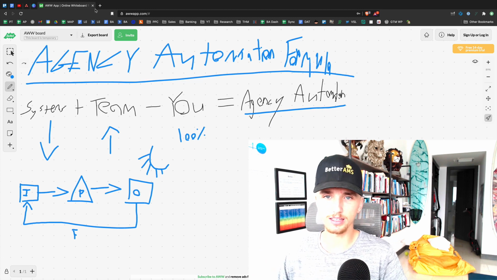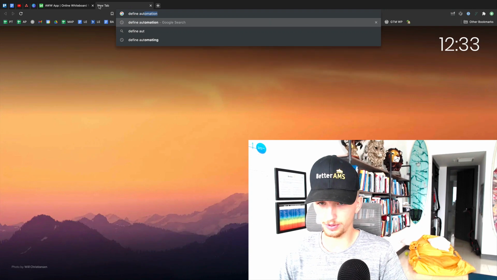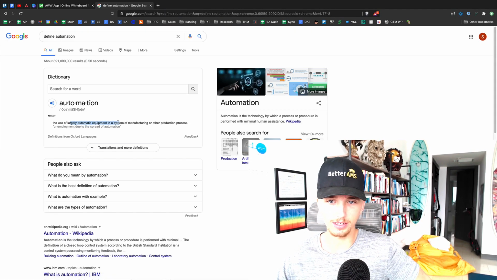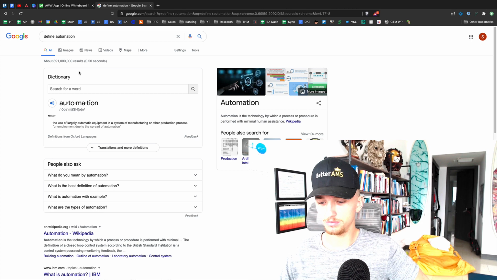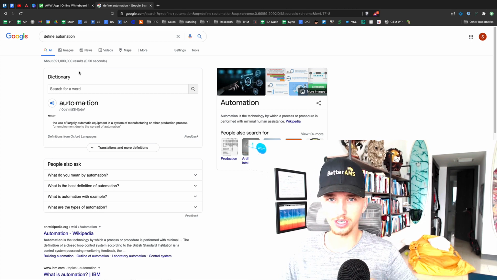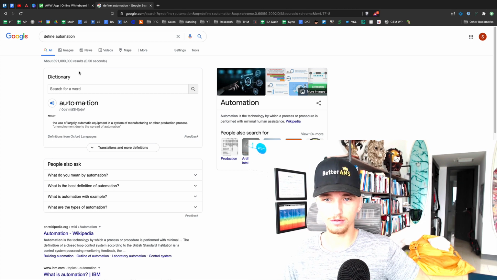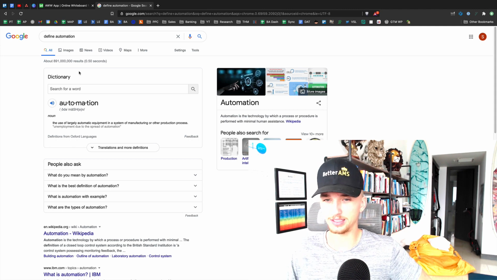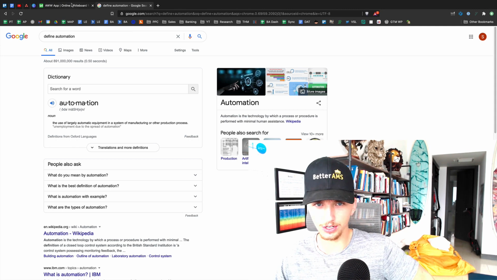The definition of that symbol is very simply right here, and it basically means to use equipment automatically, and it basically removes humans. So you can automatically build a car with machines instead of having to use a bunch of people. And you can automatically run this process instead of having somebody manually doing it, etc.